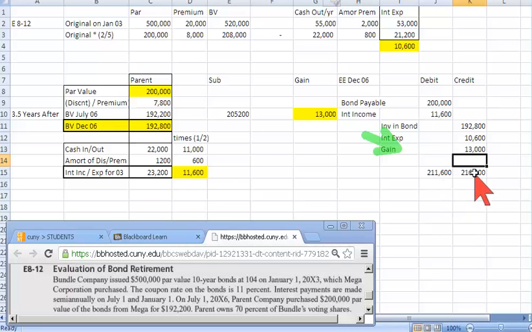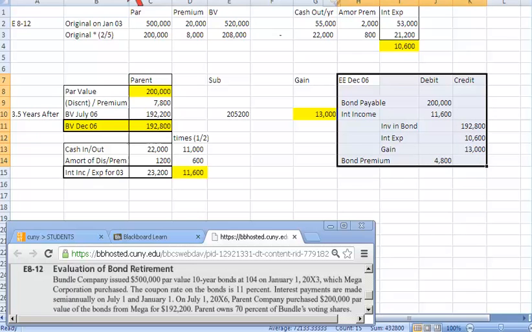So now our credits are greater than our debits by the difference between these two, which is, I can't really tell, which is 4,800. Now we can use that as a plug. It's actually a debit to bond premium, which was 4,800. Or we can see how we get the 4,800.